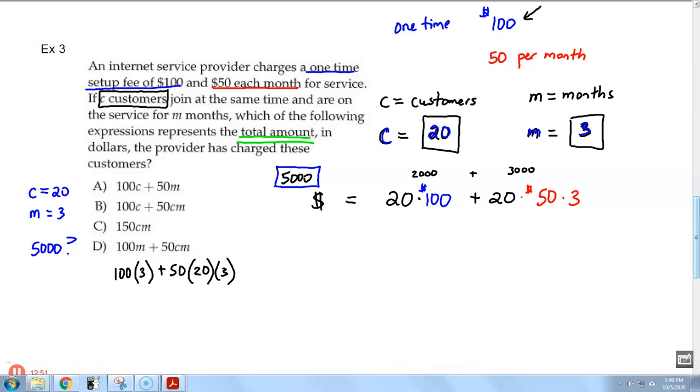And if you notice, this looks a lot like this, just in a different order. But the front part's messed up. So I know this is going to come out wrong. I'm going to have 300 plus 3,000, which is only $3,300. And that's not right. I need 5,000. So I can scratch him off. And I would keep going until I got the one that's right.